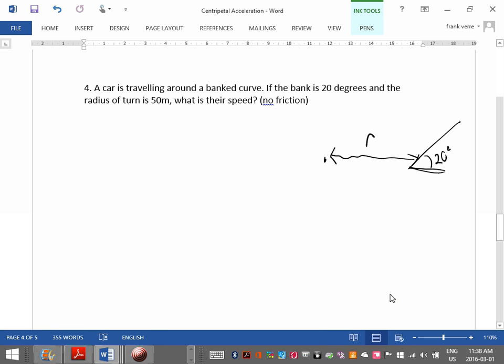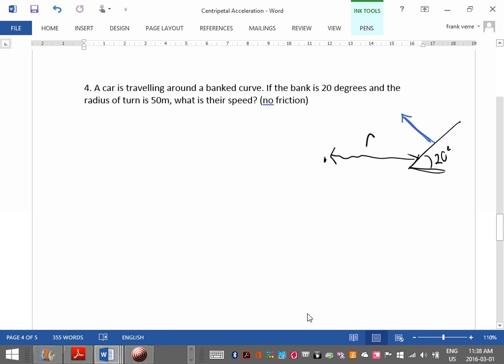So, question. What are the forces acting here? Yeah, there's no friction. So what are the forces? Okay, and we know the normal force is which way? Aha. So we know the normal force is pointing this way, correct? That makes sense? Okay.